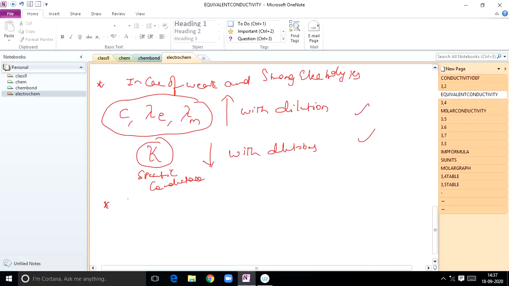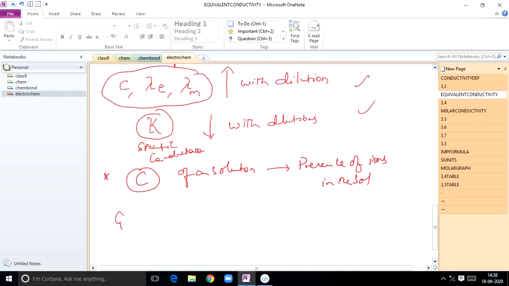Next point. The conductance of a solution is due to the presence of ions in the solution. You already know that. So what happens if you add water? Greater the dilution, greater the number of ions in the solution.